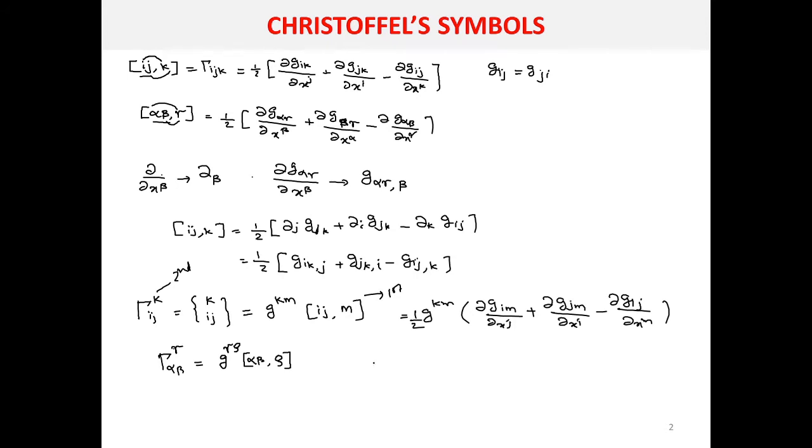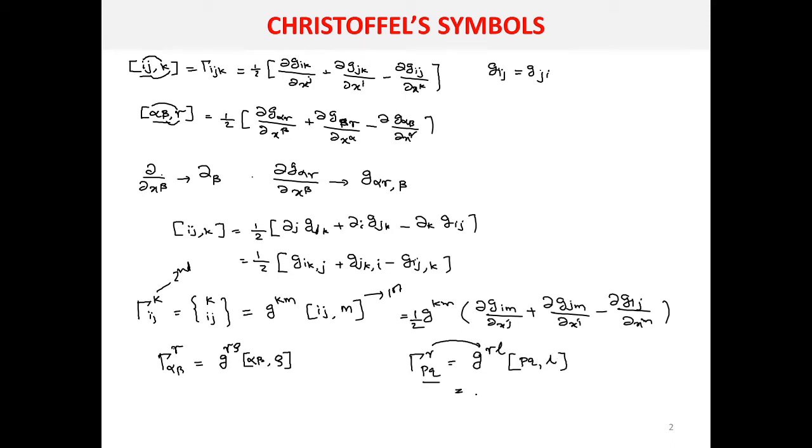Let me write one more time, for some gamma pqr. It can be expressed as, first you write the conjugate metric tensor g, and this letter you can write here, that is g^{rl}. Then put these letters here, that is pq, and give one more letter, let it be l. Then you can give this as pq,l.